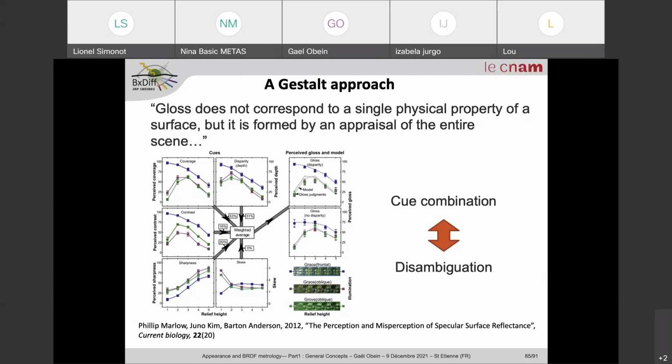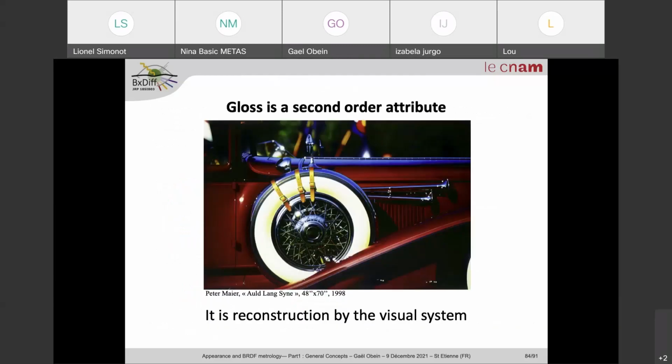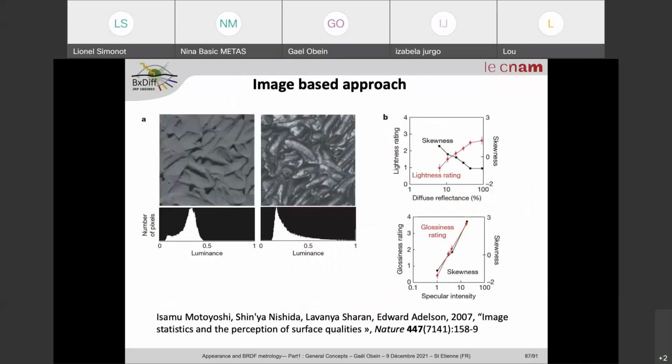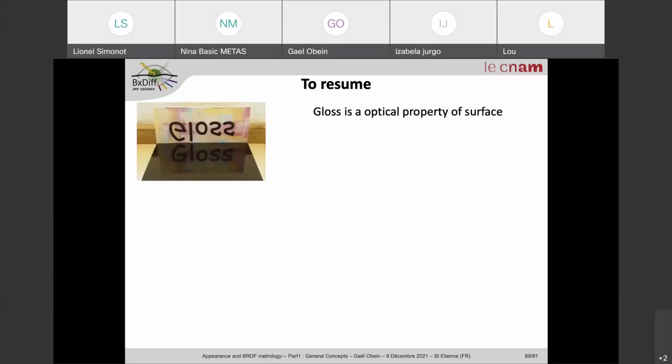And this thing is probably new roots. I don't know if it will give something, but it's something interesting. There is work that are done on image-based, and then people are looking at information and they can find index that are correlating with the sensation of gloss. This is the skewness, this is the histograms of the luminance or whatever. I put the paper so you can have a look.